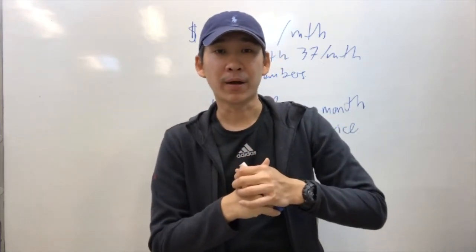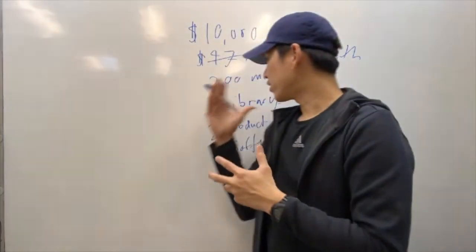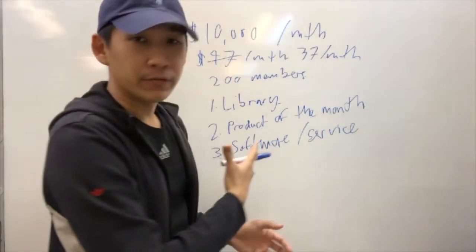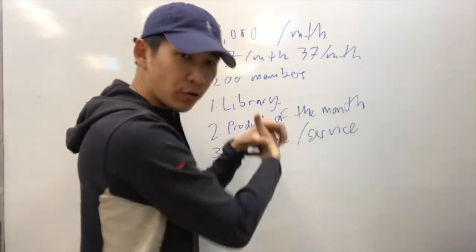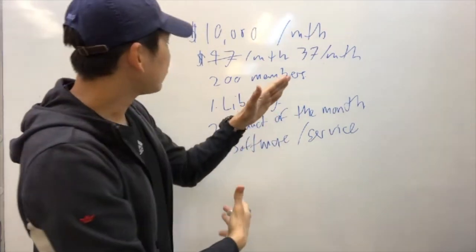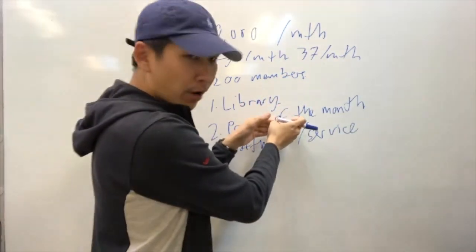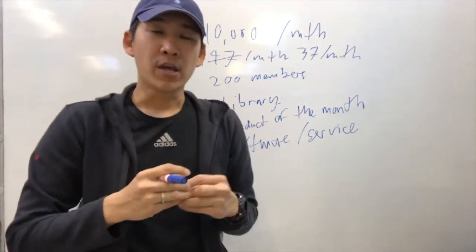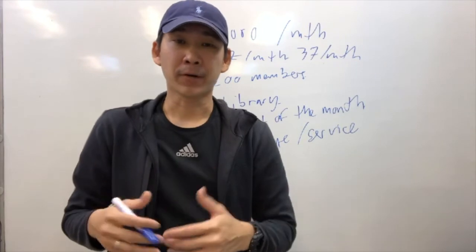So when I launch my $47 membership, right, it's not going to be just a library, it's not going to be just product of the month, it's not going to be just a software. I'm going to put all together so that with the library, it gives me the highest conversion. With a good product of the month, hopefully it will make them look forward to the next month's product, right?